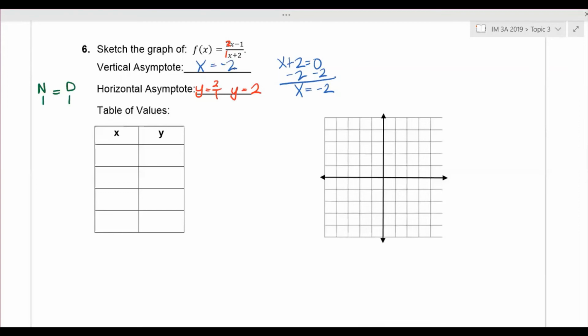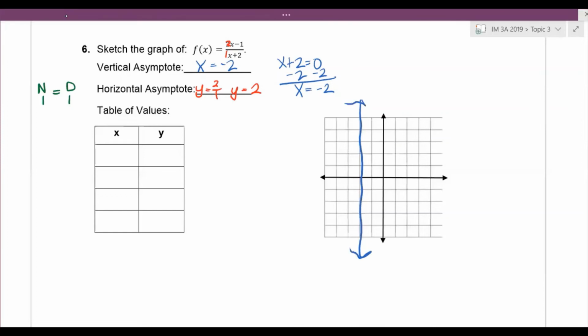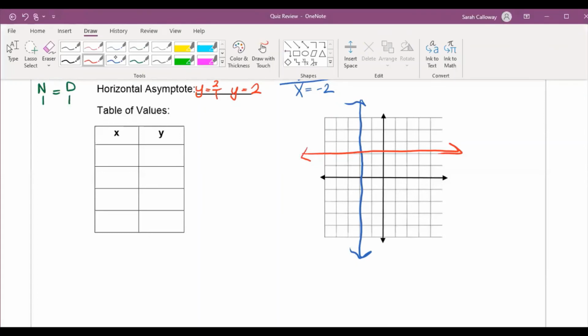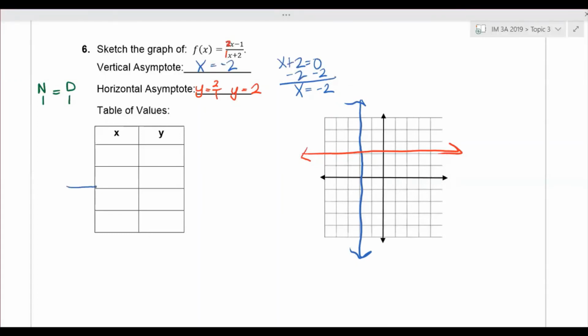So let's draw those in on our graph. So at -2, we have a vertical asymptote. So we're going to draw a vertical line through -2. At +2, we have a horizontal asymptote. So we're going to draw a horizontal line through +2. Remember that when we create our table, we're looking for 2 values to the left of our vertical asymptote and 2 values to the right of our vertical asymptote.